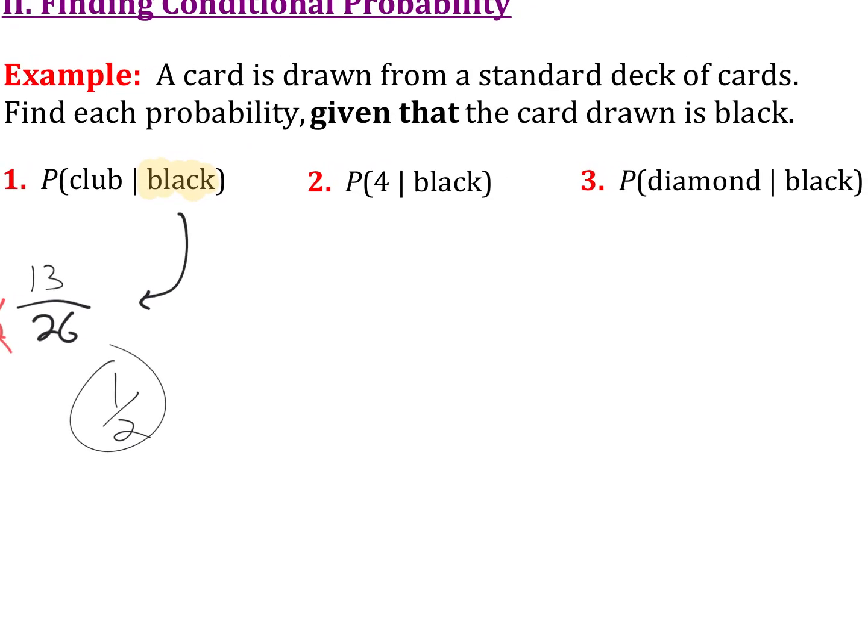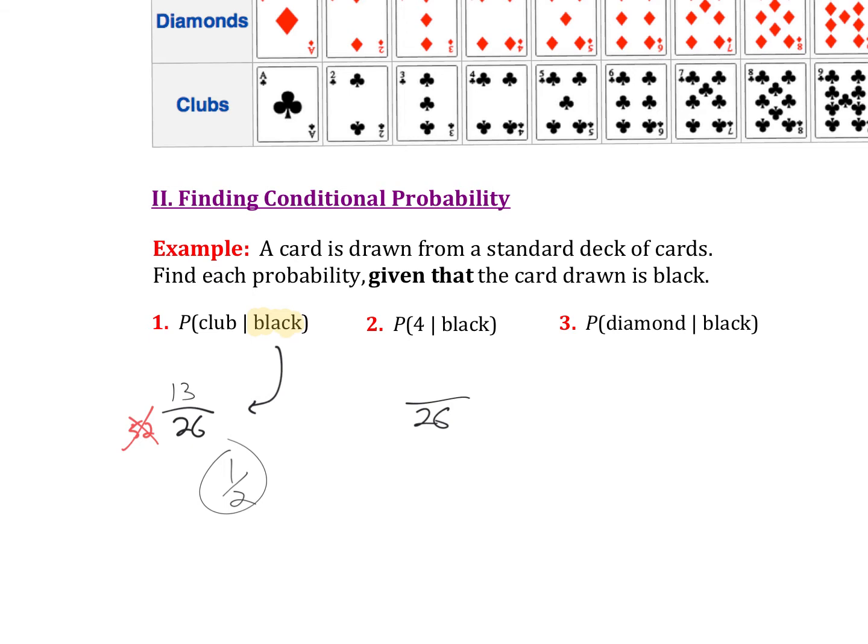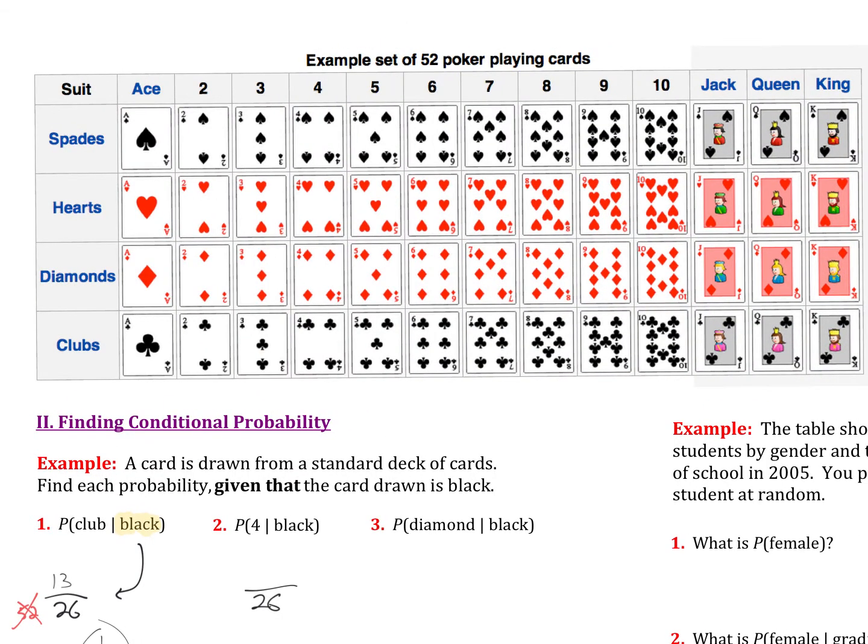Next up, the probability of selecting a 4, given that we're selecting a black card. Well, just like before, if we're selecting a black card, there's only 26 cards to worry about. Now, out of those 26, so out of the spades and the clubs, how many 4s do I see?